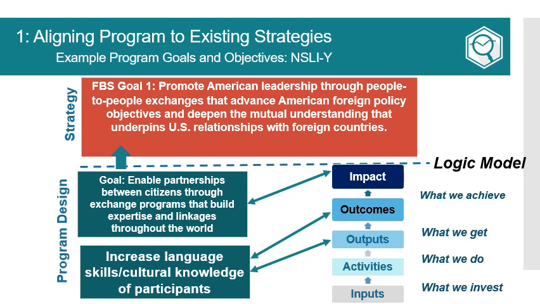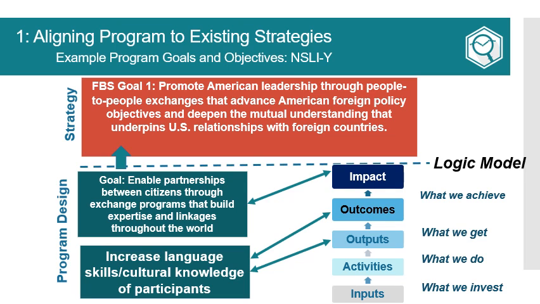Increasing language skills and cultural knowledge of our participants is something we can reasonably expect the program to achieve on its own, and it's something we can reasonably expect to measure with some validity. On the right, we've got the logic model and its component parts, and we'll get into those more in detail later on.